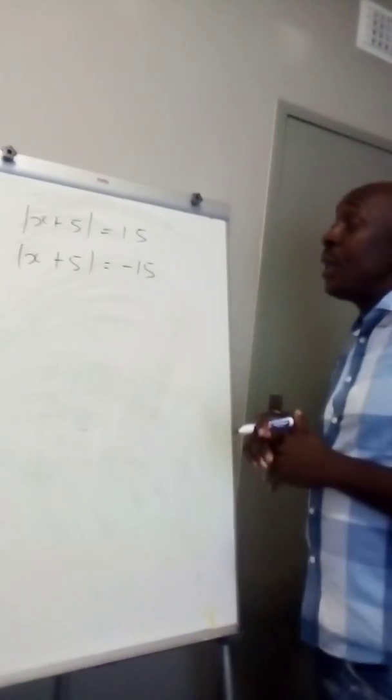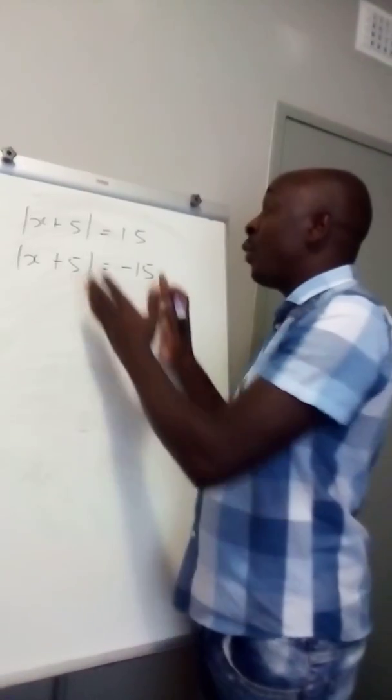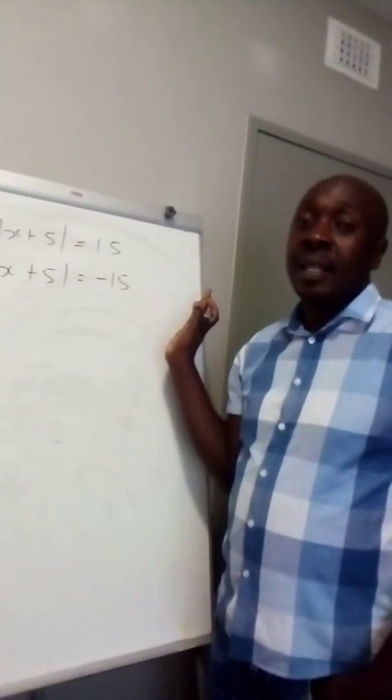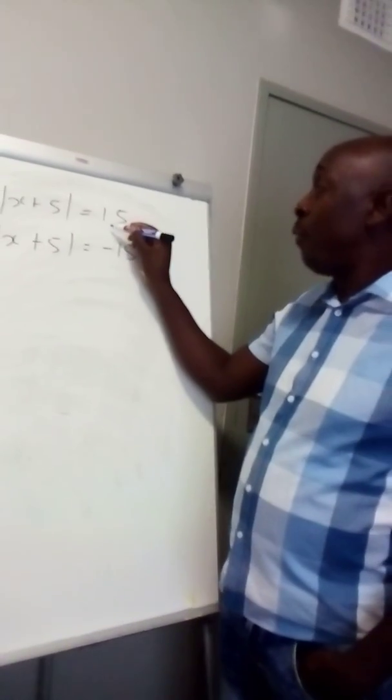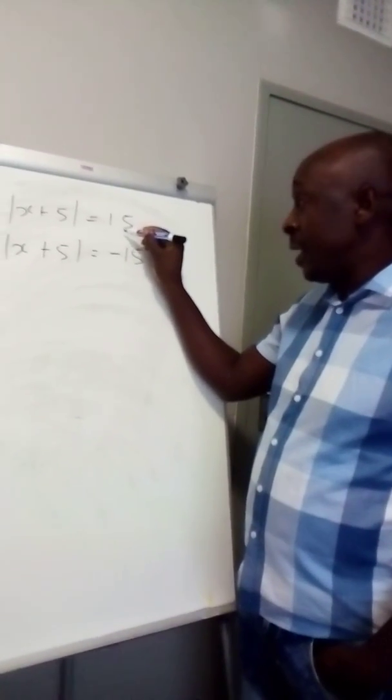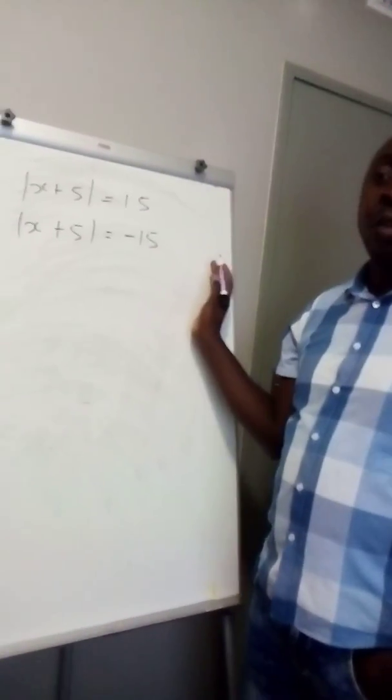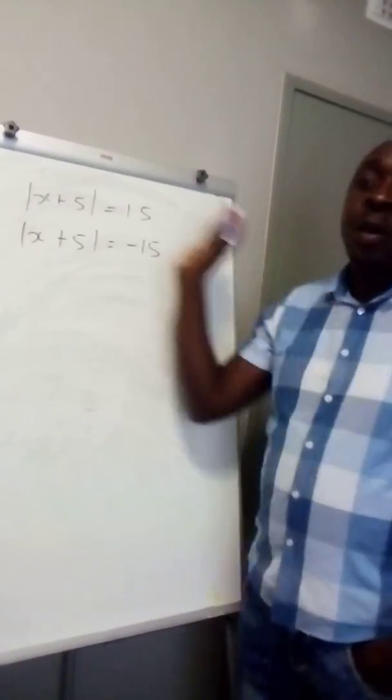So when dealing with equations and inequalities with absolute value, you have to consider both sides. Since the absolute value of 15 is 15, the absolute value of -15 is also 15. So you need to consider all the sides.